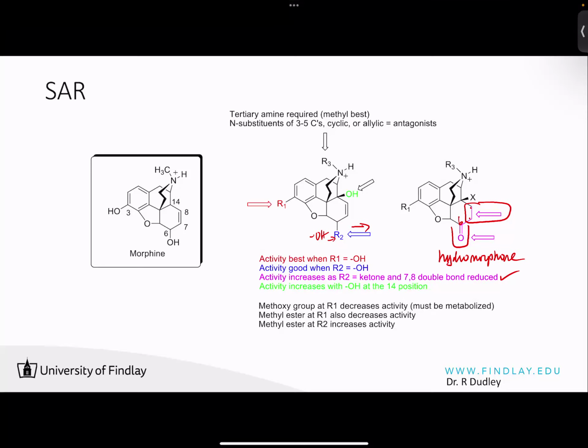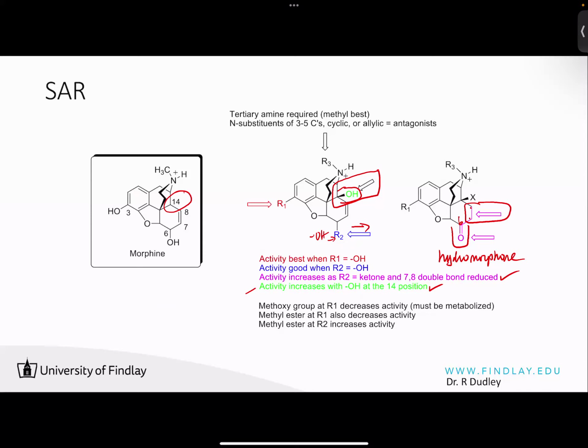And then there aren't too many other things to say with regard to the sixth position. I'm going to shift over to this green area here. This is the 14 position. Right? Now in morphine, we don't have anything substituted at the 14 position. But what was discovered is that if you oxidize the 14 position and have an alcohol there, it can actually increase activity again, more so.